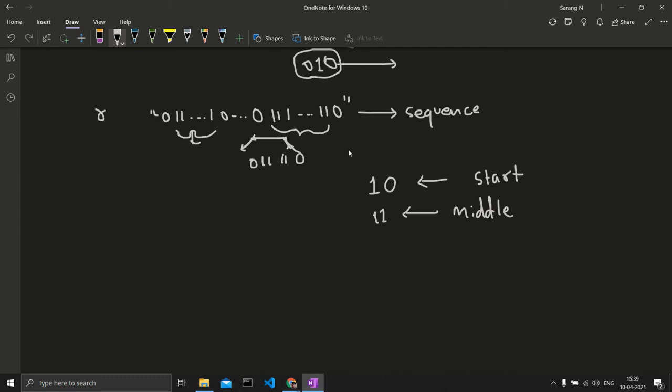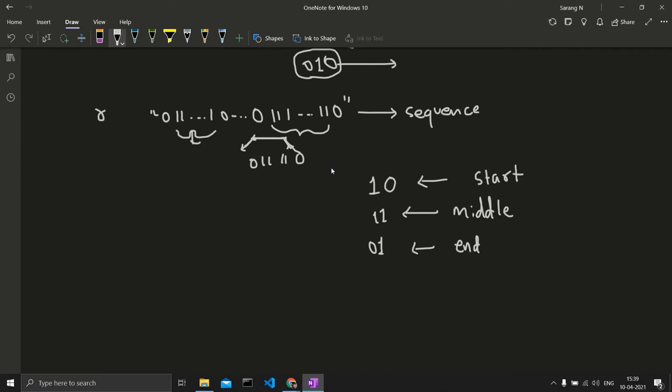And how do we know that it's an end? If it's a 1 followed by a 0, we know that it's ending there. Simple, right? And if there is 0 0, then we are just in a chunk of zeros. That doesn't matter, we won't bother looking for it.